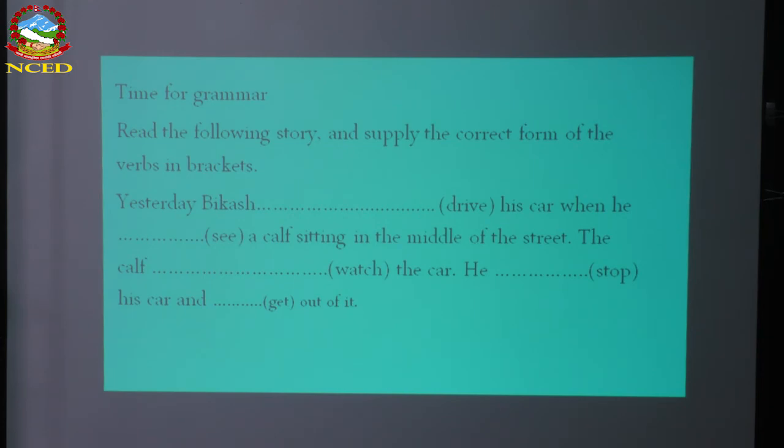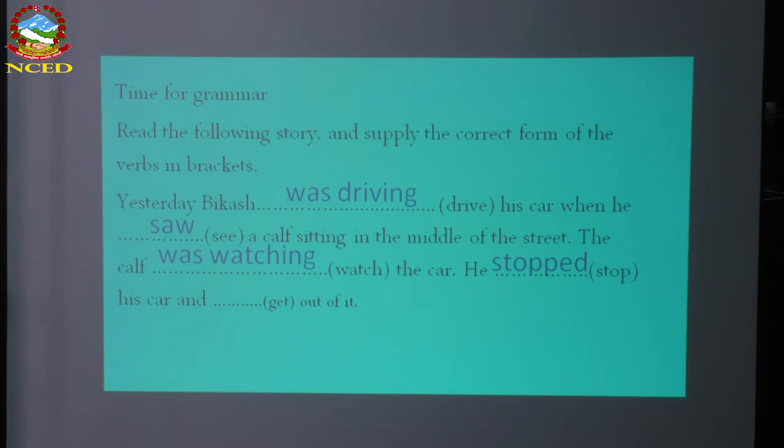So what should be here? Was driving his car when he, what should be here? Saw a calf sitting in the middle of the street. The calf watched. So what is the form we need to use? Was watching the car.